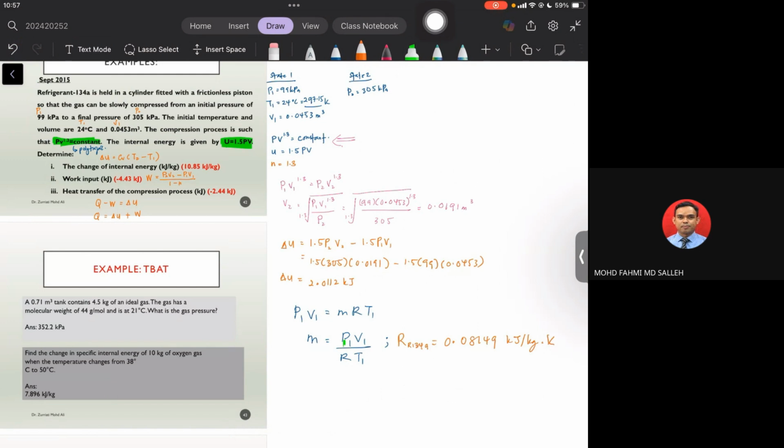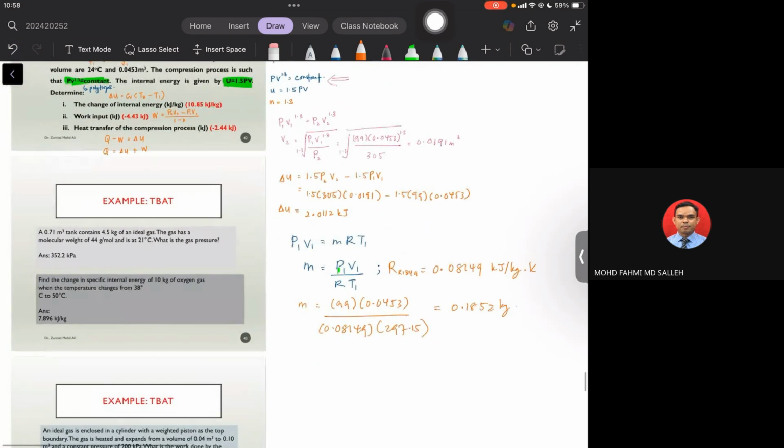Okay, so when you substitute with all the data that we have, you're going to get the mass is 0.1852 kilogram.